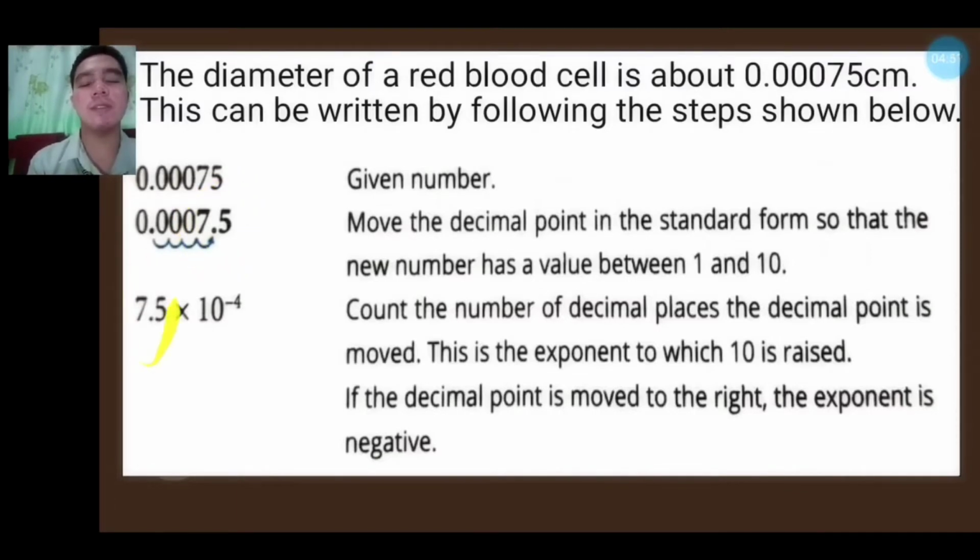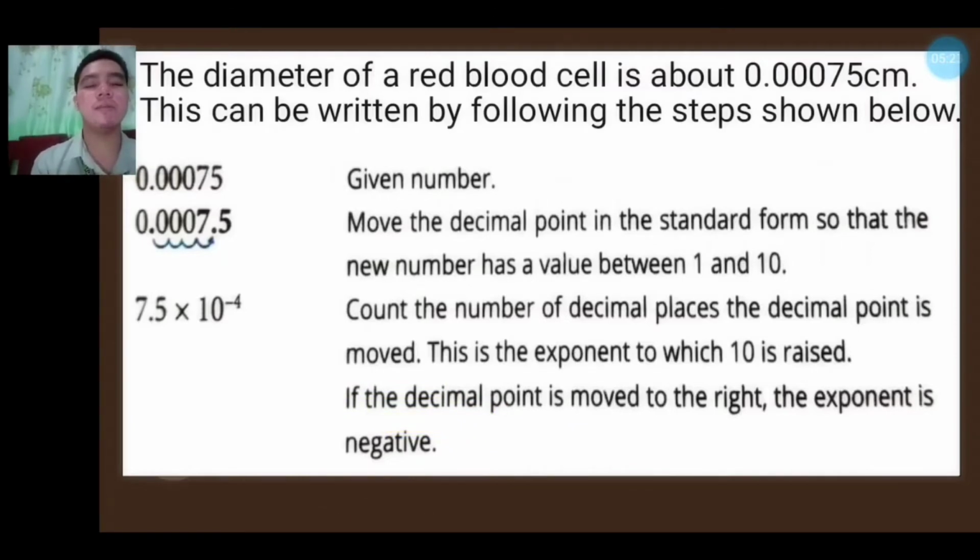So this will be 7.5 times 10 raised to what exponent? Since we move 4 times, so 4, and we move to the right, that is negative. Our final answer in scientific notation is 7.5 times 10 raised to negative 4. The exponent is negative.